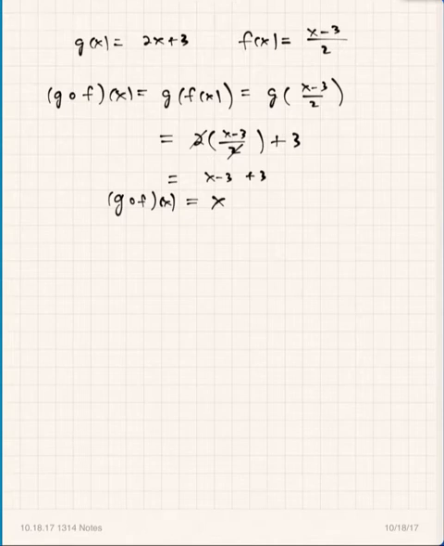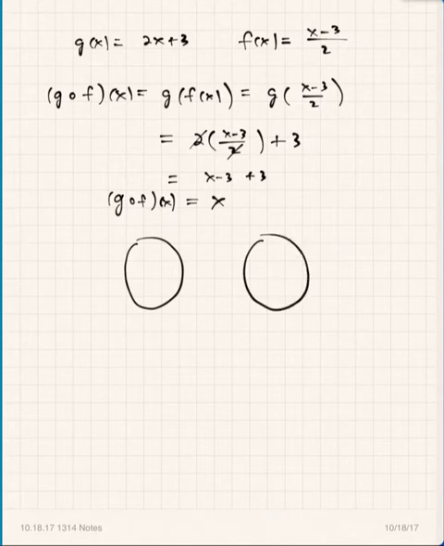And if you draw a picture for this example, notice I only put 2 circles as opposed to 3 circles like we did before, and watch what happens. We start with x. The function that started with x in this problem, this inside function, would be f. And f takes x to f of x, right here. But then what function takes over?